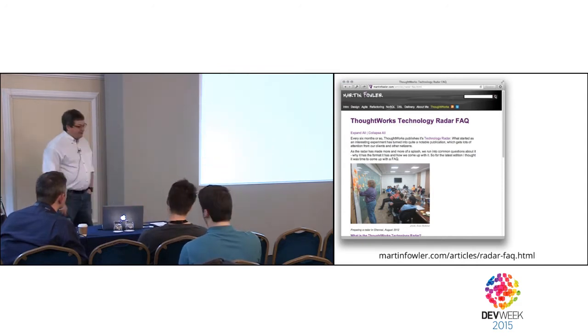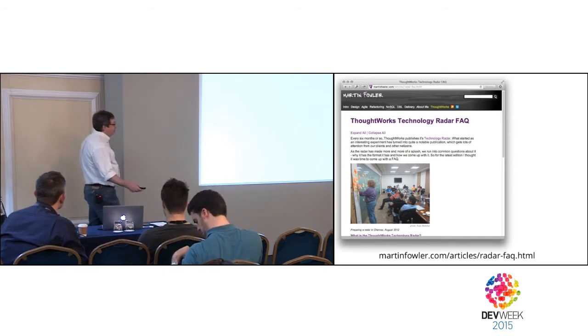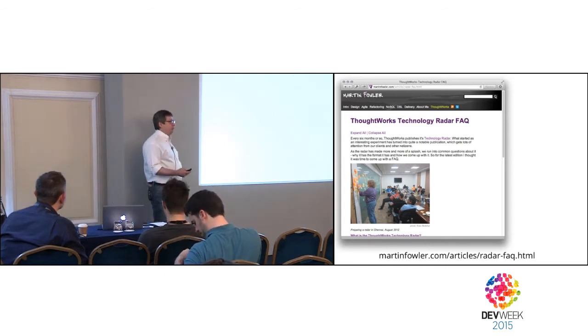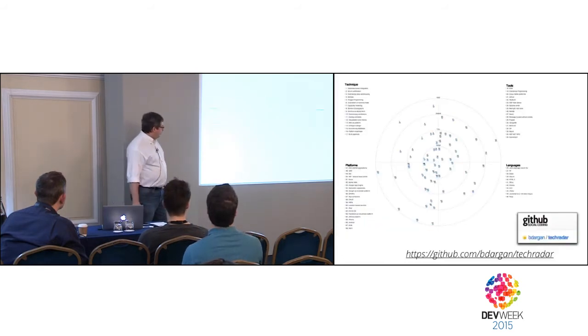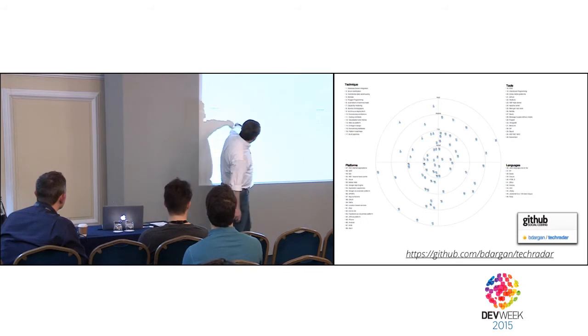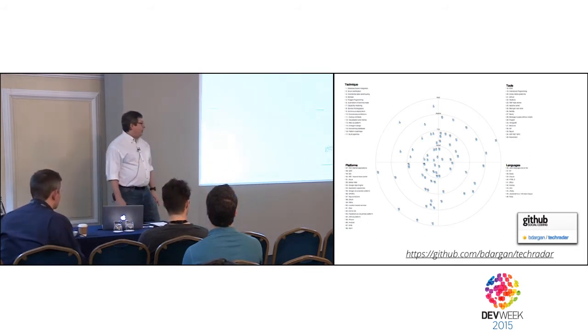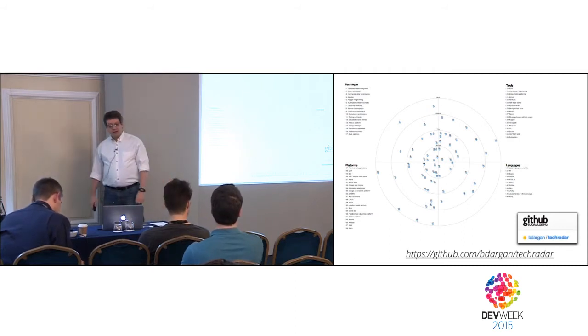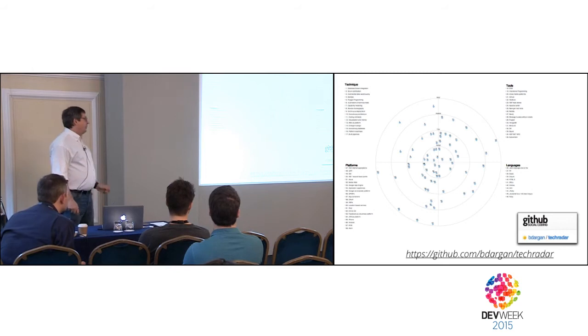And while I'm talking about mechanics, one last topic before I start talking about encouraging you to build your own. When you build your own radar, if you want to create this visualization, someone has already done the hard work for you. You can barely see the lines here, but there are radar lines on this. This is something that one of my former colleagues in Australia, Brett Dargan, created and open sourced up on GitHub, called TechRadar.